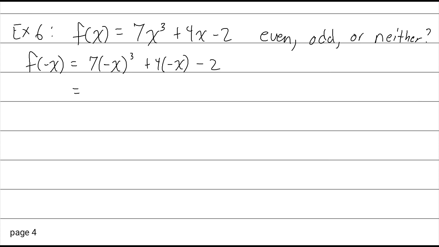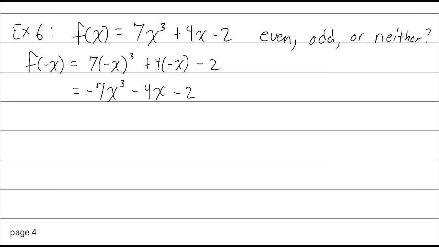Whenever you cube a negative, remember what that means. Every pair of negatives, of course, become positive, but if you have an odd number of negatives, you still have a negative involved. So it's going to be 7 times negative x cubed. Almost forgot the 7 there. 4 times negative x is negative 4x, minus 2.